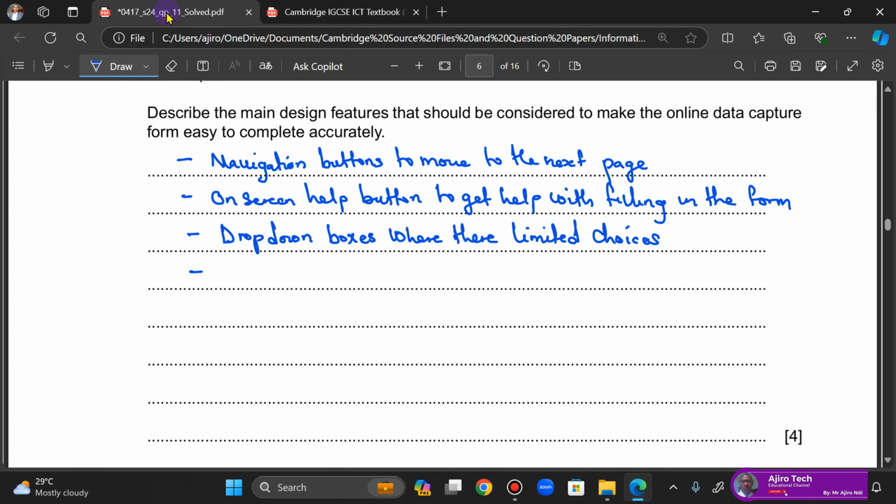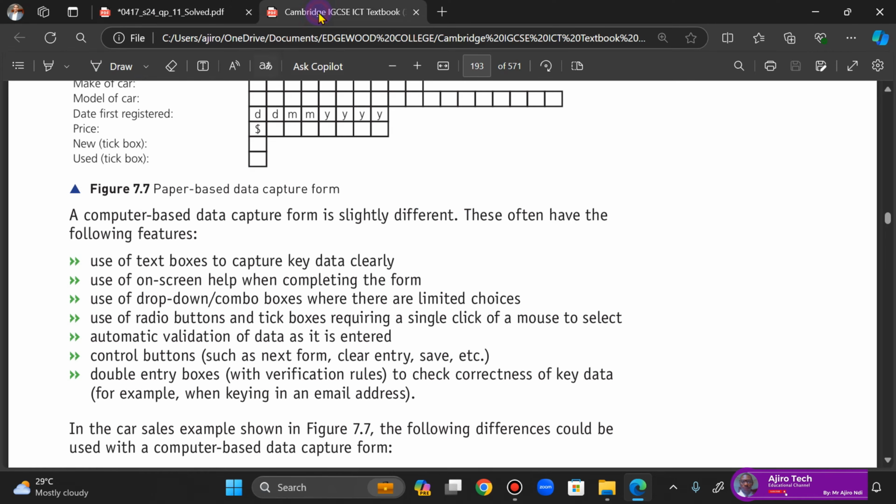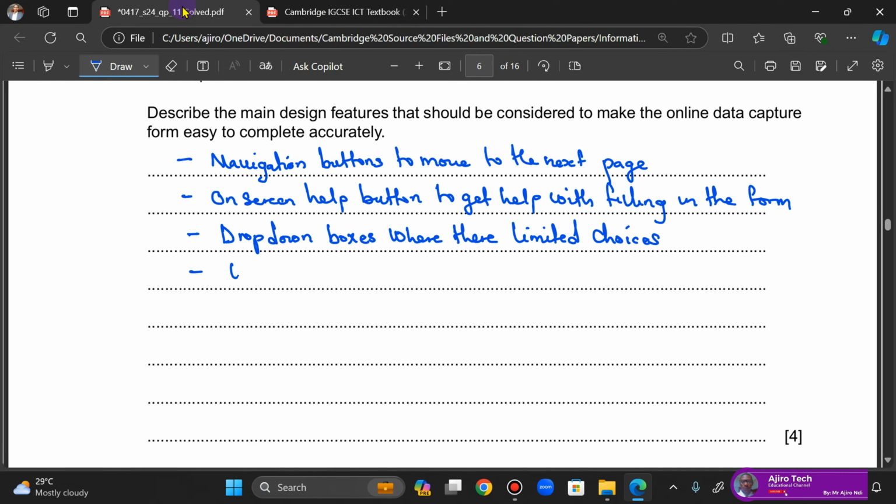Okay, the next one is the use of radio buttons, for gender. Okay, for others it can be font size to make it easier to read.